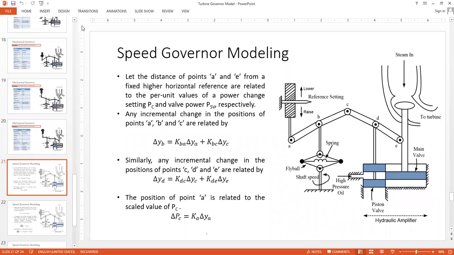So we will assume some pretty simple things to start with. Let's say point A. Now because we have the background, can anyone say what is happening with point A here?